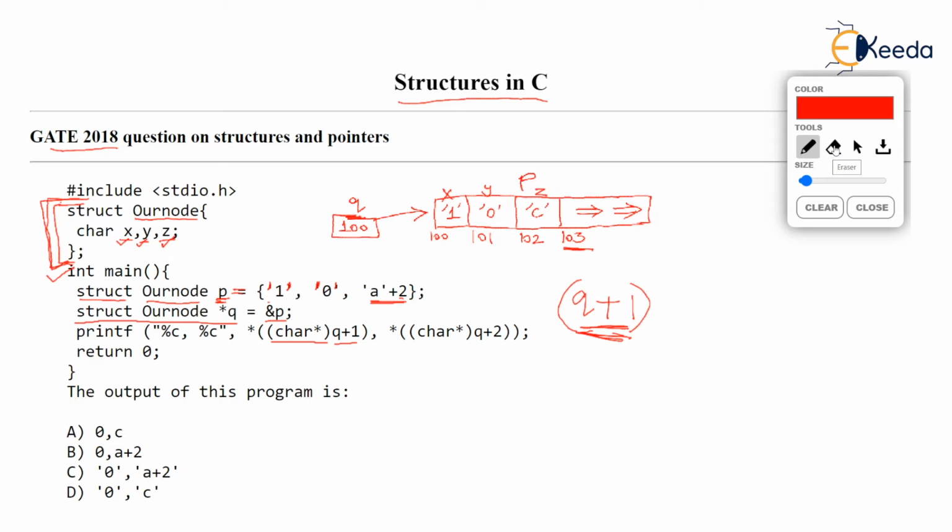Just check this. Here, instead of saying only q plus 1, we have a char pointer written in the bracket, and then we have q. This is typecasting. We are saying, q, we know that you are a struct pointer, and at a time you point to 3 bytes, but now temporarily you act as a char pointer.